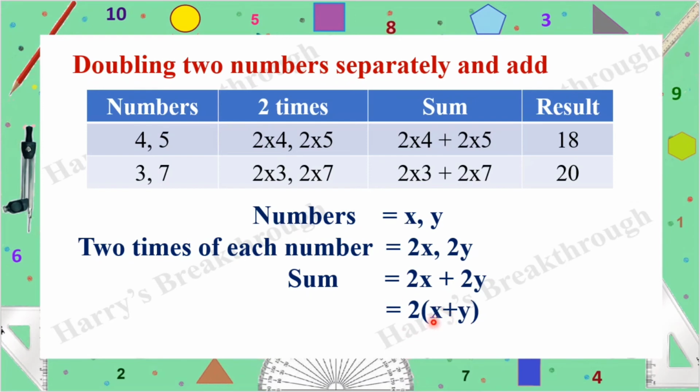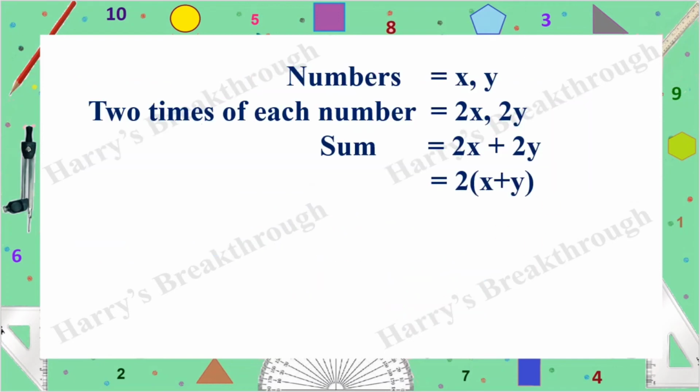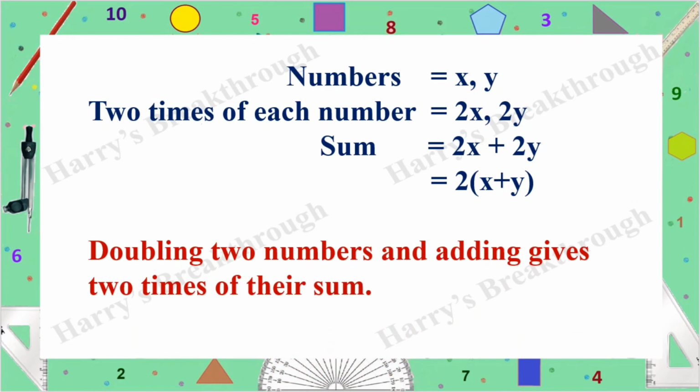So let's check this here. x and y as 4 and 5. So 4 plus 5 is 9. 9 into 2, 18. So that means doubling two numbers and adding gives 2 times their sum, right?